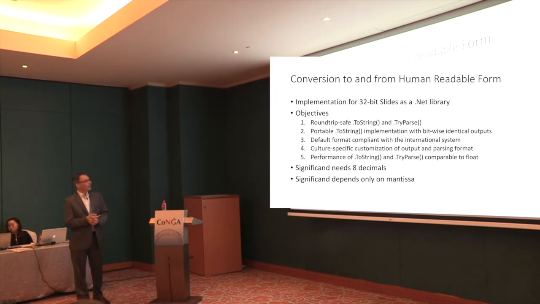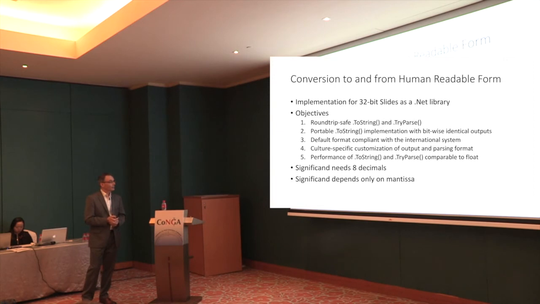So the objectives for having the serialization and deserialization methods implemented in a .NET library for 32 bits were: I wanted to have round-trip safety, full portability with bitwise identical outputs on other machines.